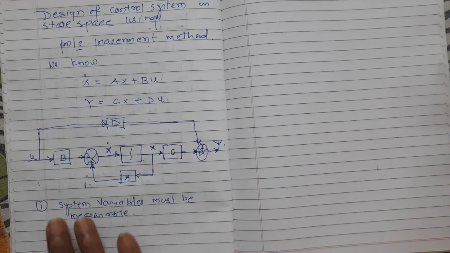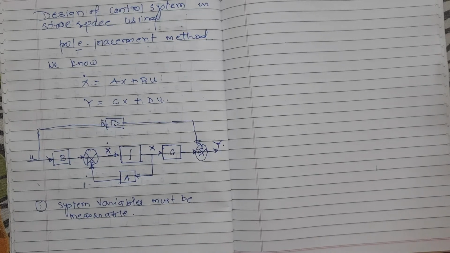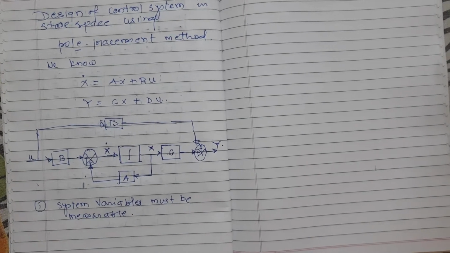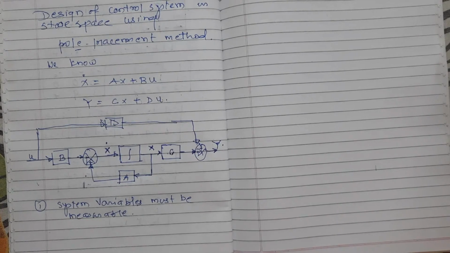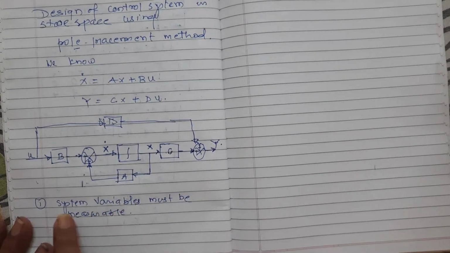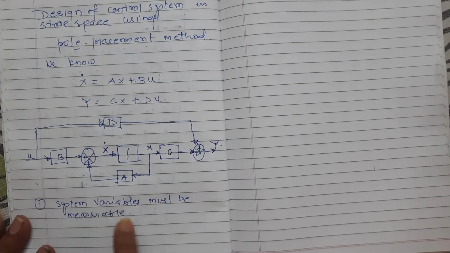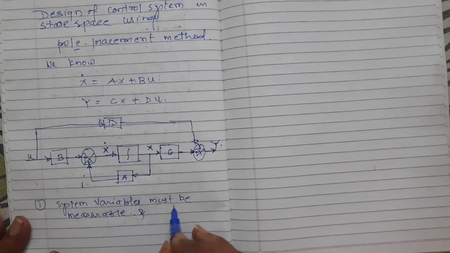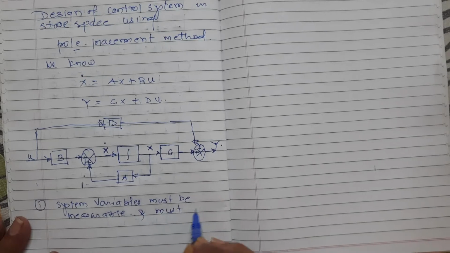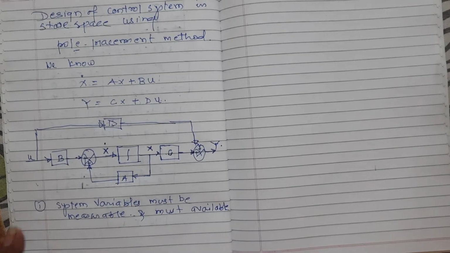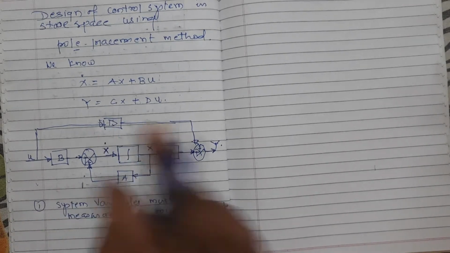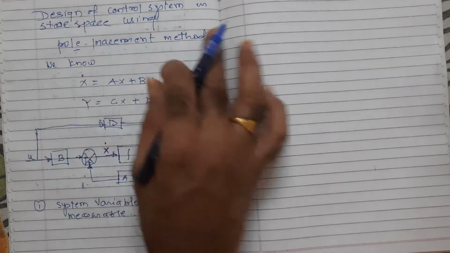This is my condition, system variables must be measurable, and it must be available. Okay, so we can design this system using the pole placement.